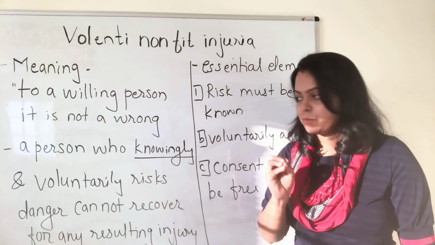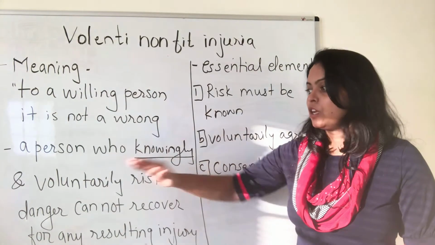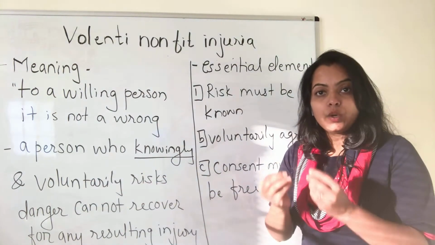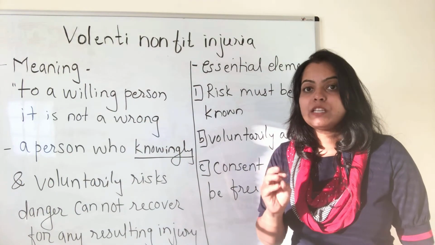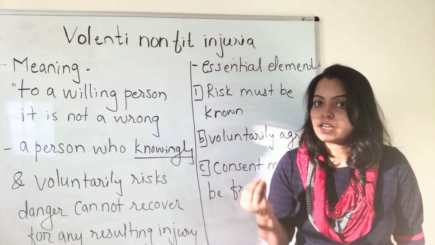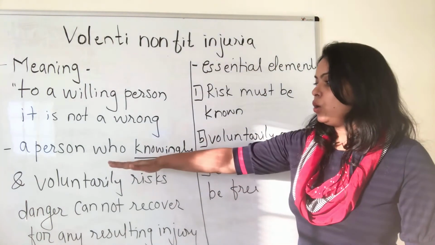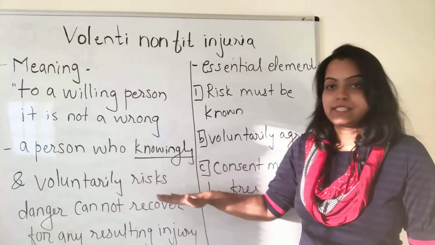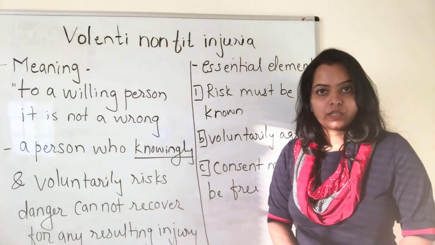Knowingly and voluntarily, these are two important terms. Knowingly means with knowledge of the fact, and voluntarily means with free will. When a person knowingly and voluntarily risks danger, he cannot recover for any resulting injury.